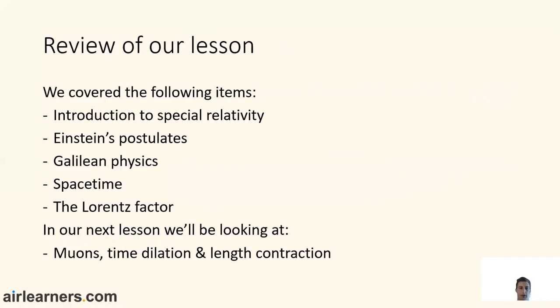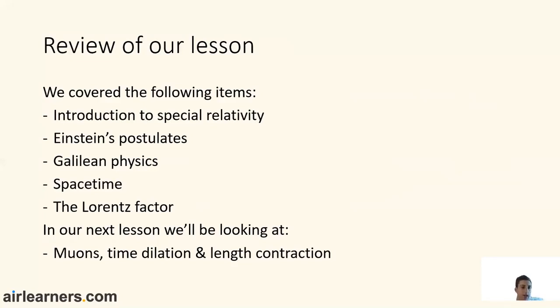All right, that brings to a conclusion this lesson. We had a look at the following things. We had a look at the introduction to special relativity. We had a look at Einstein's 2 postulates. Hopefully you remember. First one, that all laws of physics are the same in inertial frames of reference. And the second one, that the speed of light is a constant, regardless of the motion of the observer or the source.